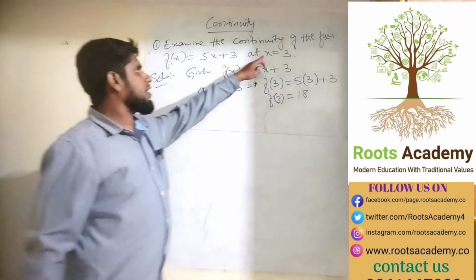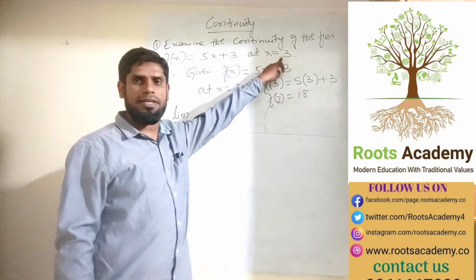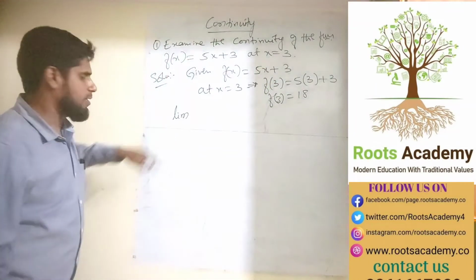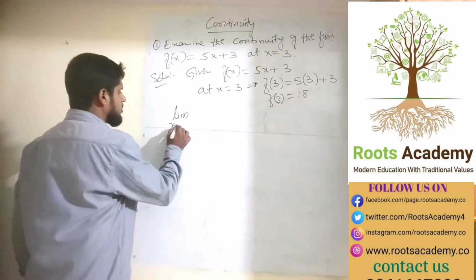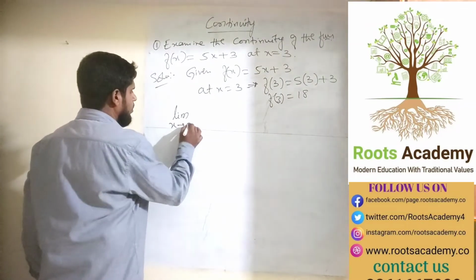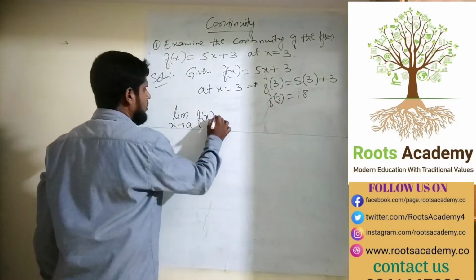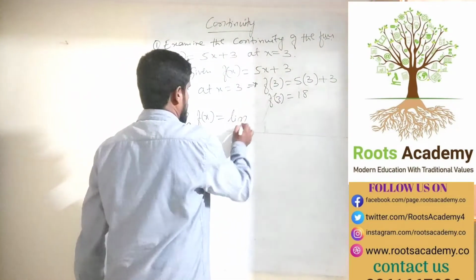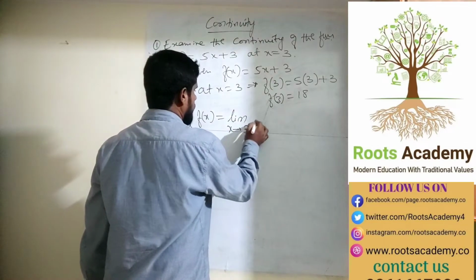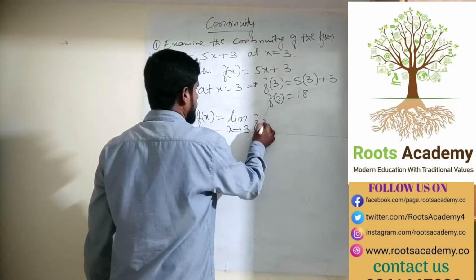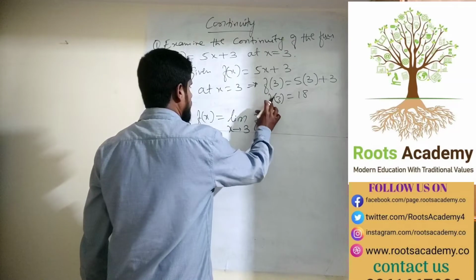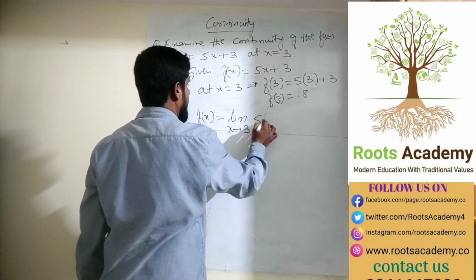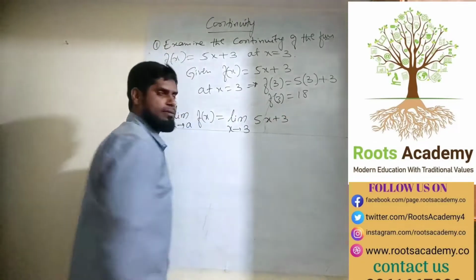Next, let us take the limit. Since he has not given any condition, that is, less than or greater than condition is not there here, we'll take the limit directly. Limit x tends to a of f of x, that is equals to limit x tends to 3 of f of x, the value is 5x plus 3.